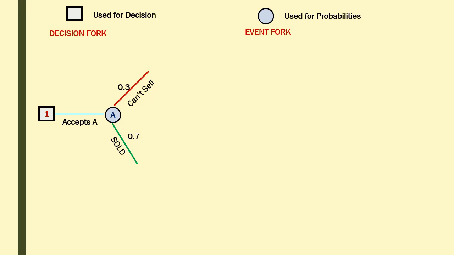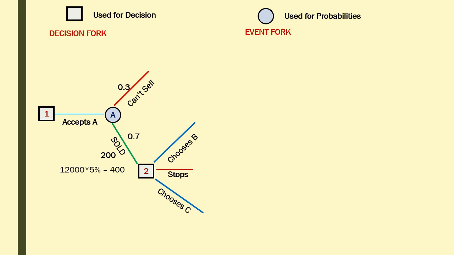If he sells the property, he will get a profit of 200 rupees. This 200 rupees is achieved by the calculation given, based on 5% commission and selling cost. Now the agent has 3 possibilities. He can choose property B, or property C, or he can stop selling and go.